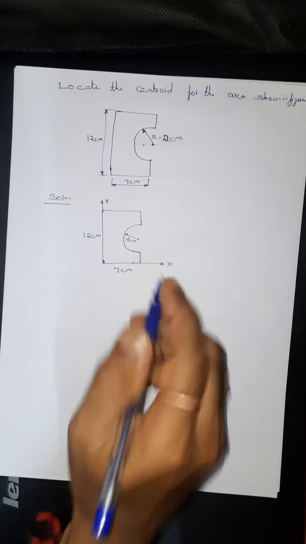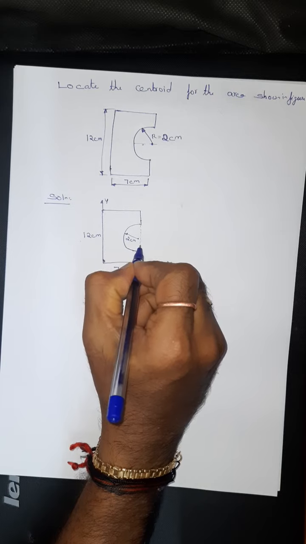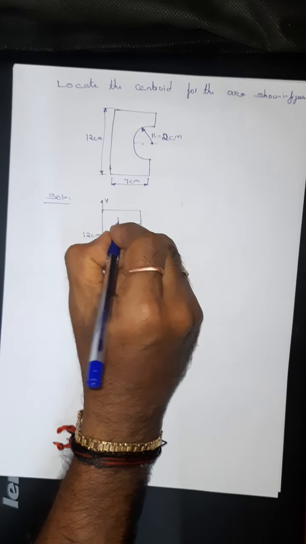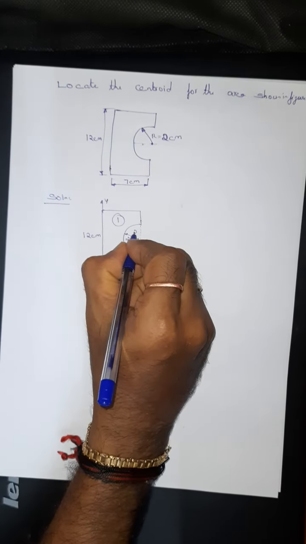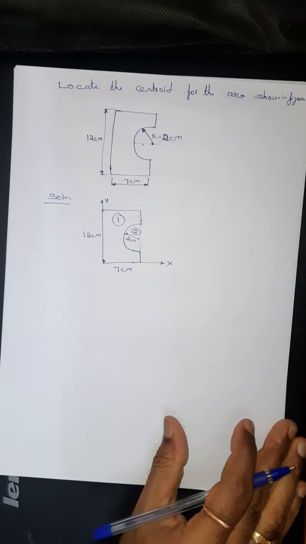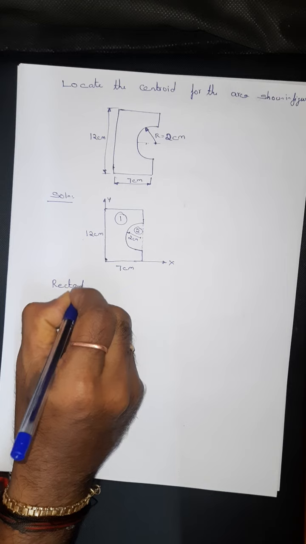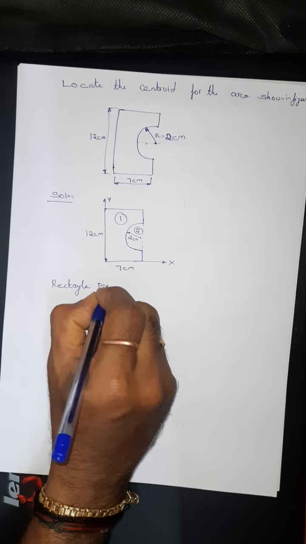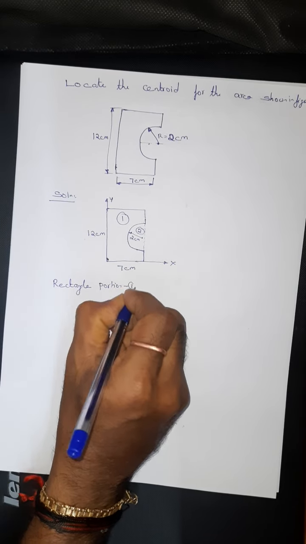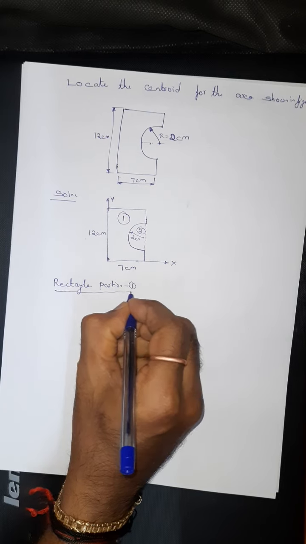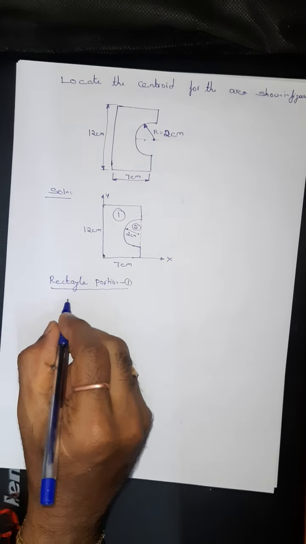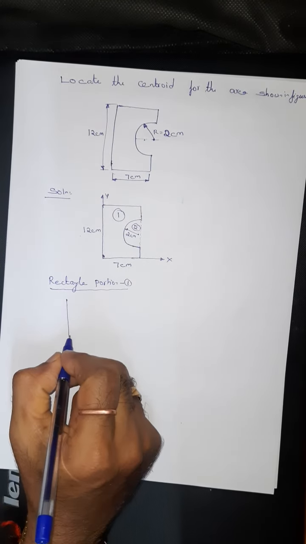What I am going to do is assume the rectangle as 1 and the semicircle portion as 2, right? So let me start solving it by considering the rectangle portion as 1. Let me draw the reference axis first.